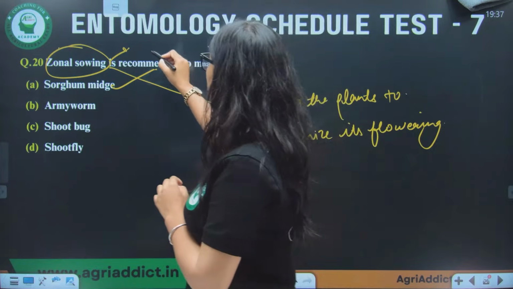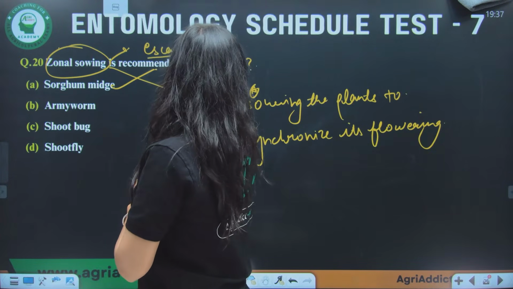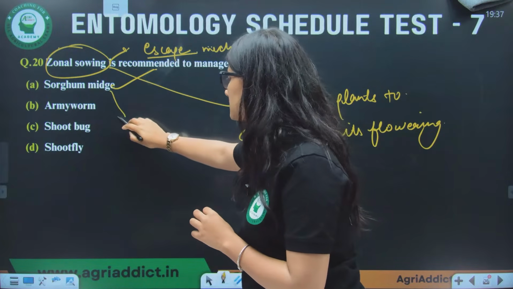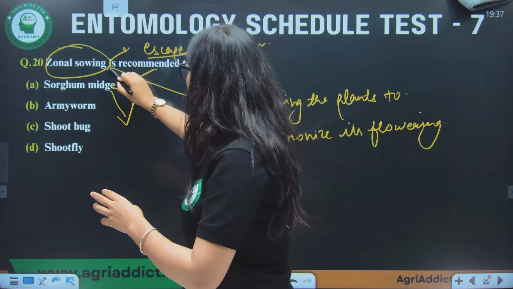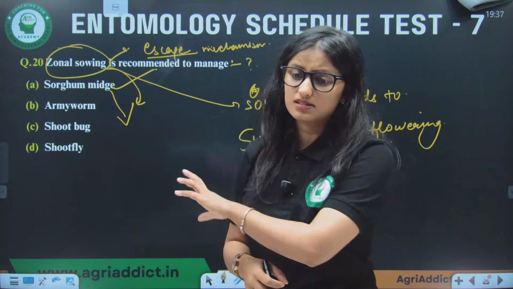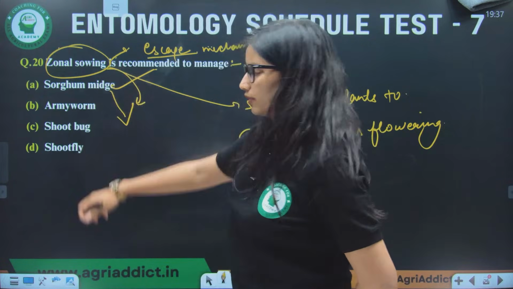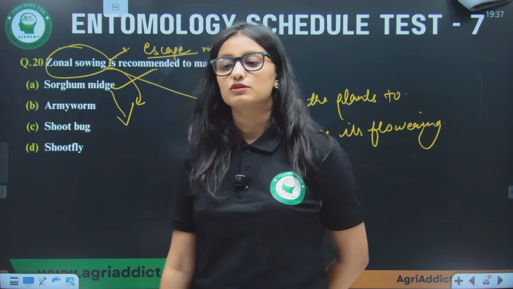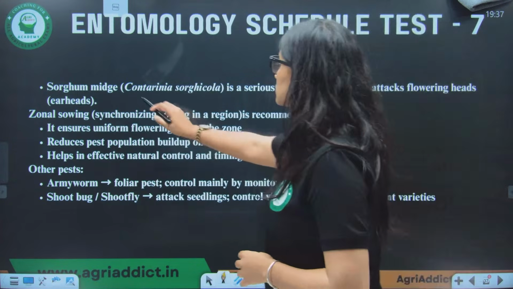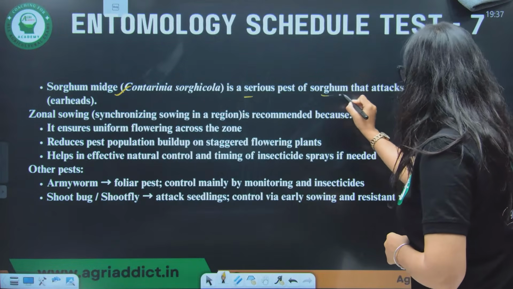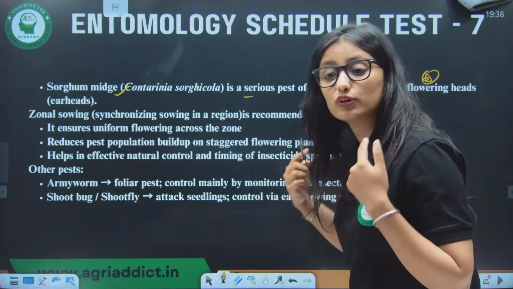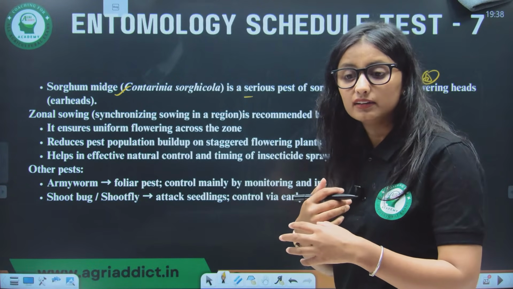Basically, this is an escape mechanism, so that the time of its emergence and this time do not coincide with each other. This is the only purpose of zonal sowing. Okay, so let's move to the next question. So I have written here also, sorghum midge is a serious pest of sorghum that attacks flowering heads. That's why we do zonal sowing, so that we can manage it properly.